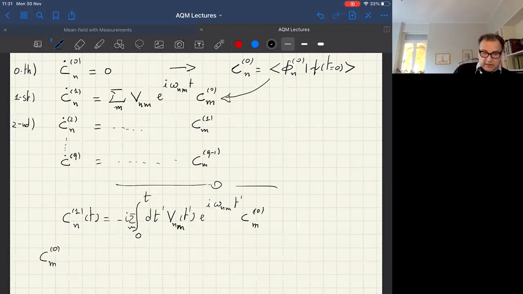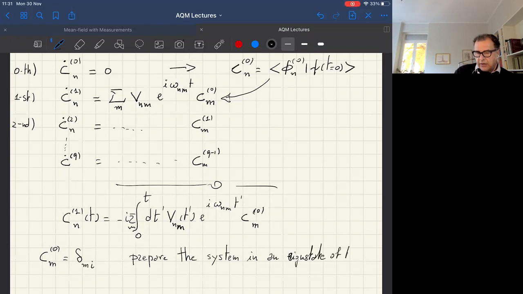C m 0, I just take it as delta m i. So this means I just prepare the system in a given eigenstate of H0. Now, what is the subsequent evolution?